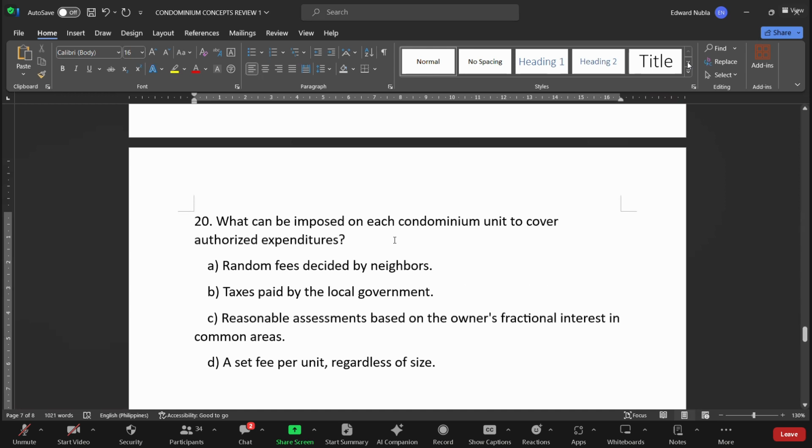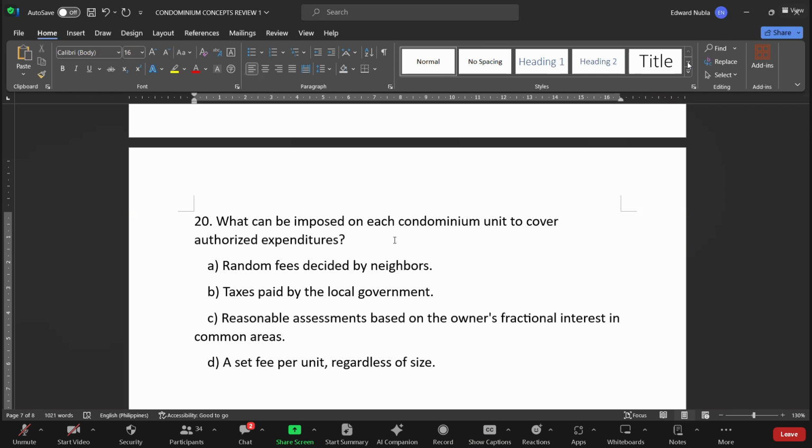Last, number 20. What can be imposed on each condominium unit to cover authorized expenditures? A, random fees decided by neighbors.